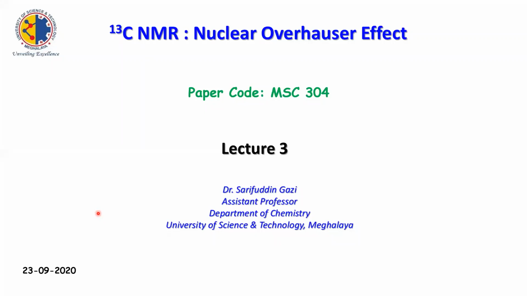Carbons of different environments show different peak heights. To understand why the peak heights change under certain circumstances, we introduced a new terminology, the nuclear Overhauser effect.